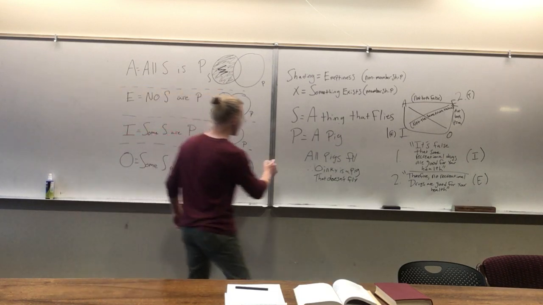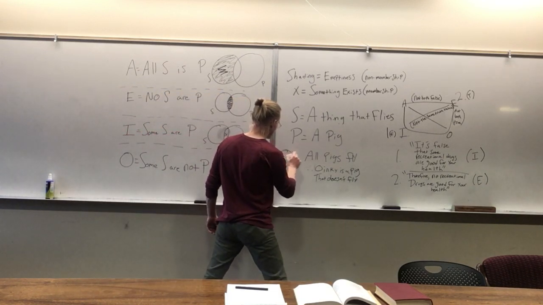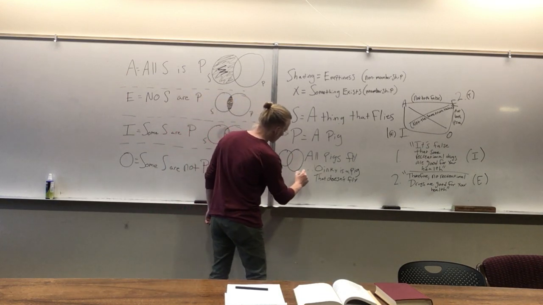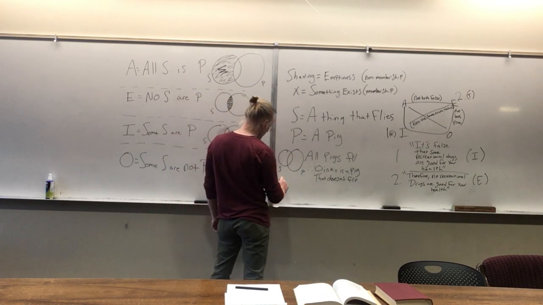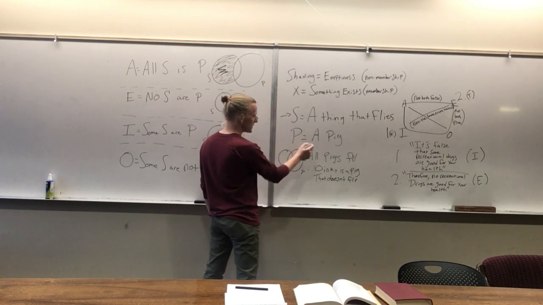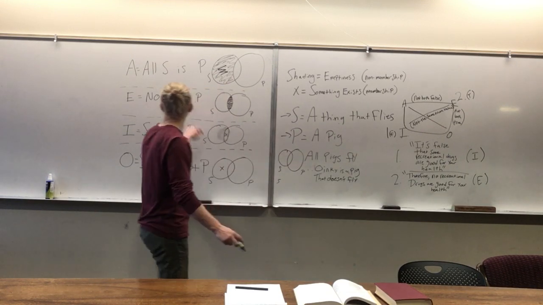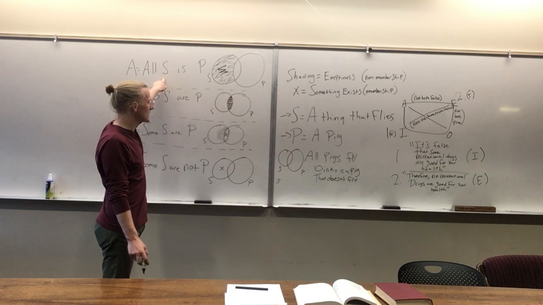So let's say I draw my 2 circles and I put my S and my P, my S being a thing that flies right here, and pig being a P. All pigs fly. Okay, so I have an A statement.